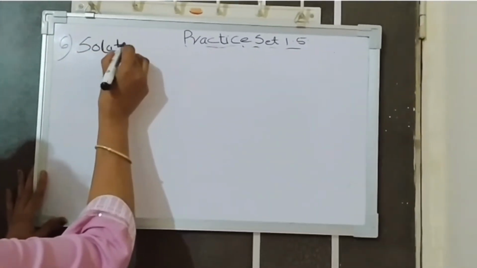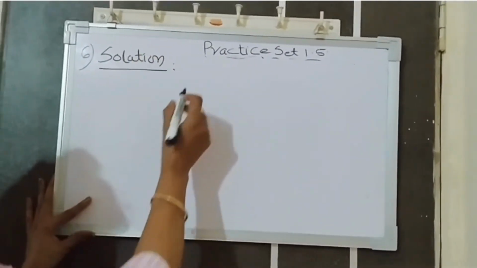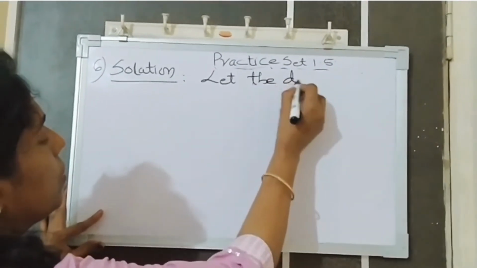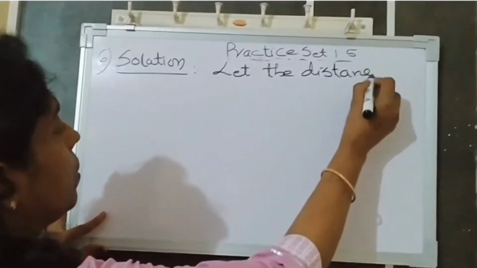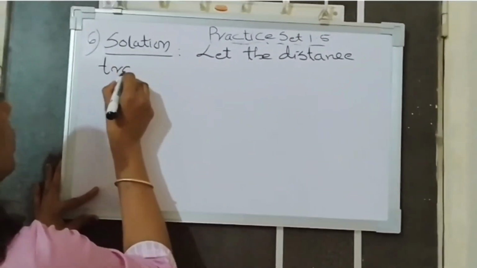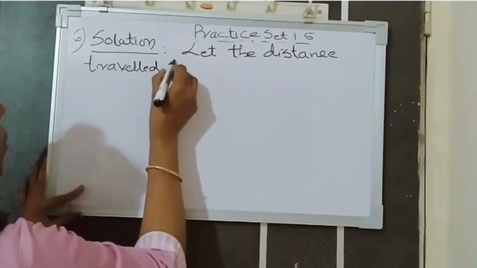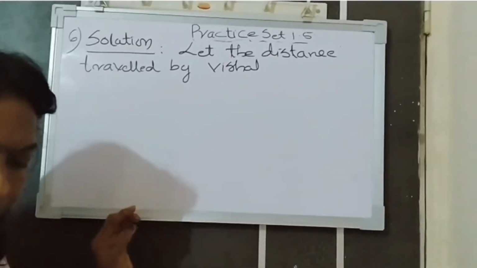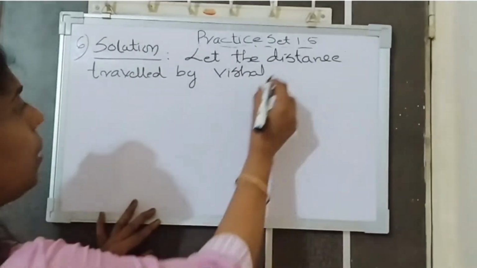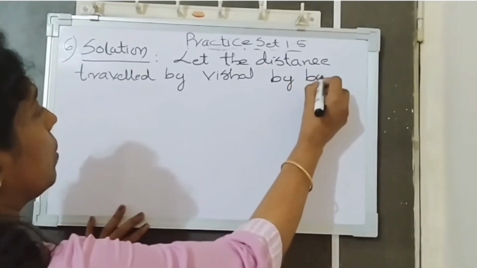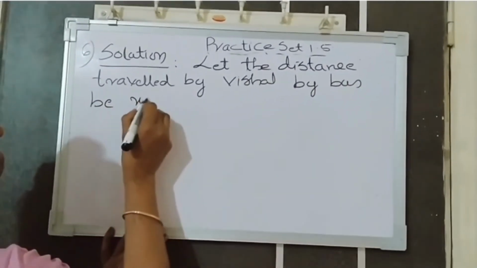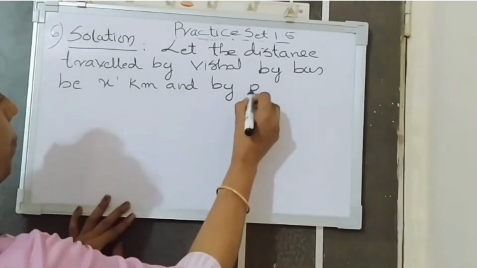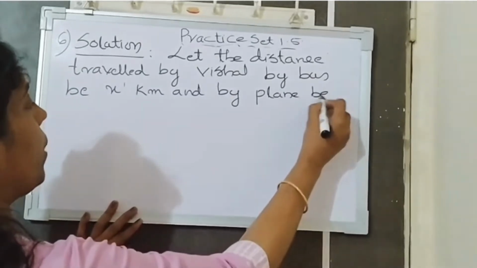Solution. Let the distance traveled by Vishal by bus be x kilometers and by plane be y kilometers.